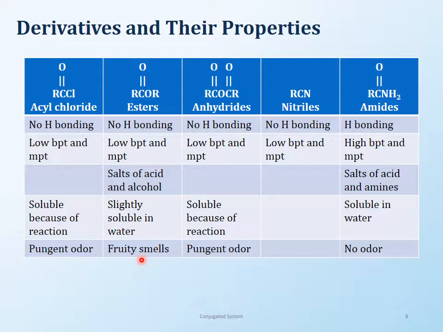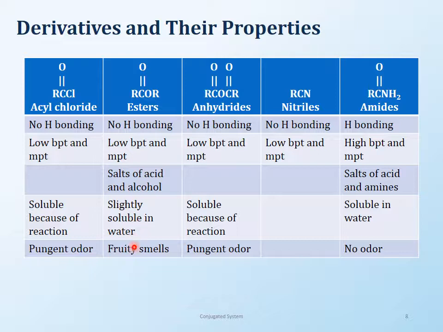Esters are probably one of the best smelling compounds. They're all fruity smells. So any kind of fruit you can think of, whether it's pineapple or peach or apple or grapes, whatever you can think of, that fruity smell is coming from esters. So all of these fruits, they have esters in them. So you can imagine how big the ester industry is, as far as flavoring agents is concerned. All the Jolly Ranchers that we have, all the flavored drinks we have, they don't have natural esters in them.